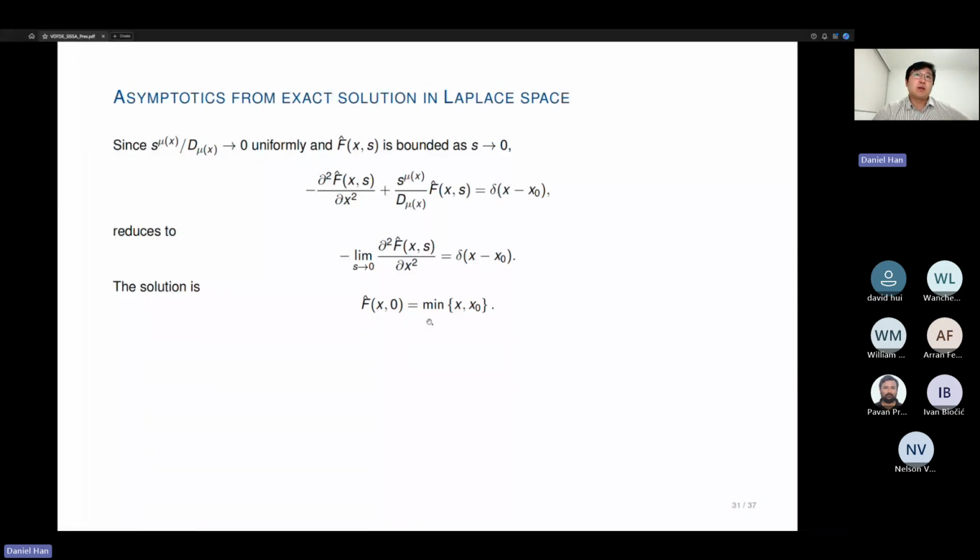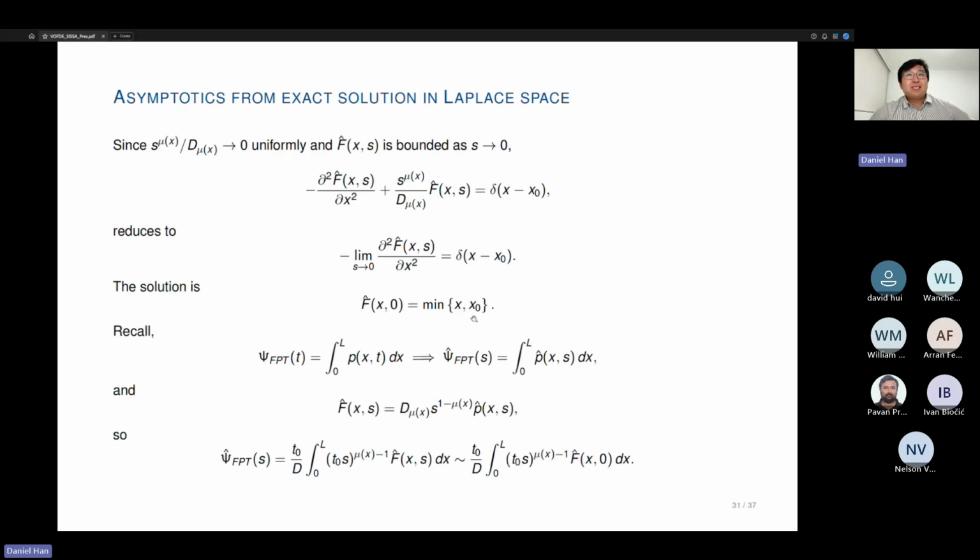The solution in Laplace space is that f of x at s equals 0, so in the infinite time limit, is the minimum between x and x0. Okay, now I can substitute this result back into my equation for first passage time survival, and in Laplace space I can express this as this quantity here. So I still have that s to the power of mu x minus 1 inside the integral, but now my term inside f is much more manageable.